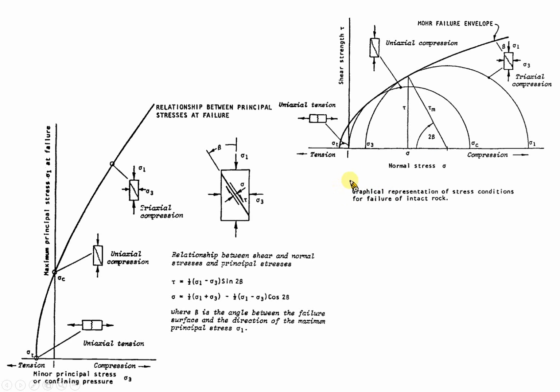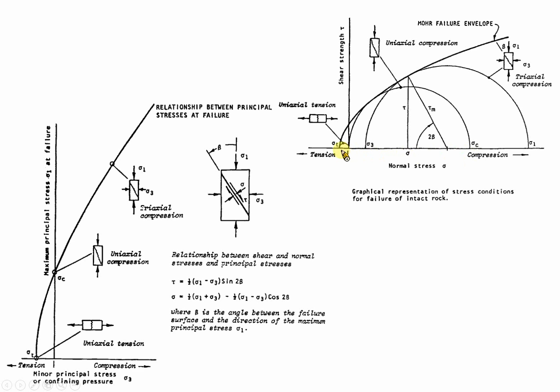Here shows you some Mohr circles. Can you imagine what the Mohr circle for this is? You know this will be sigma 3 and this will be sigma 1, right? Sigma 3 equals 0, so this will be the uniaxial compression test.